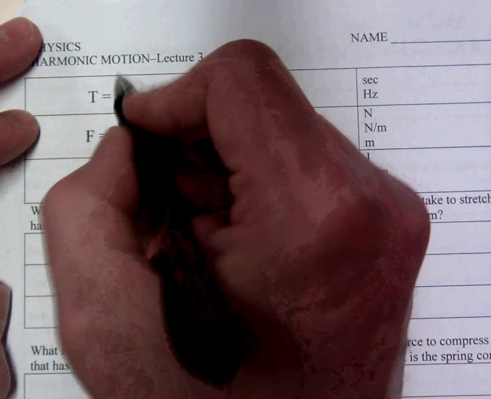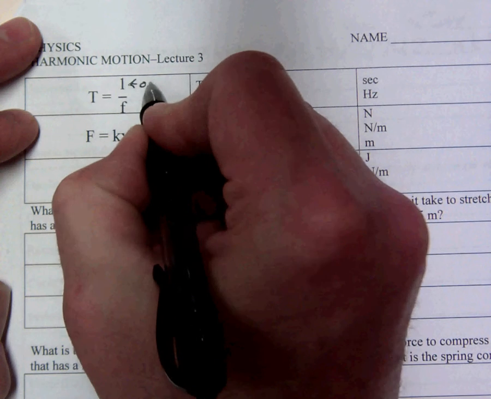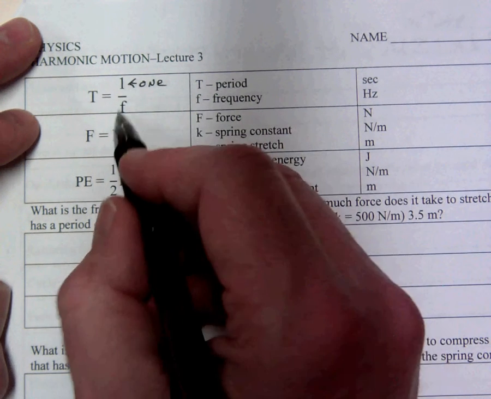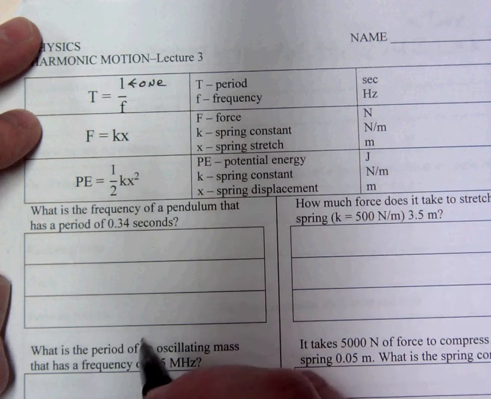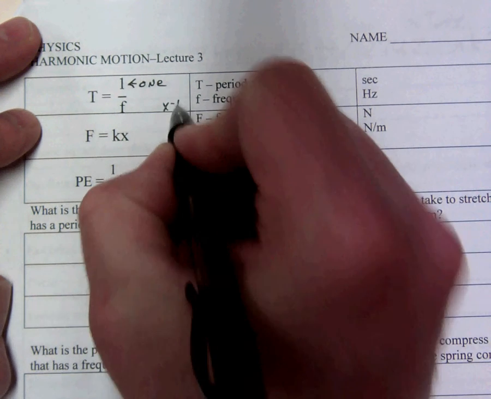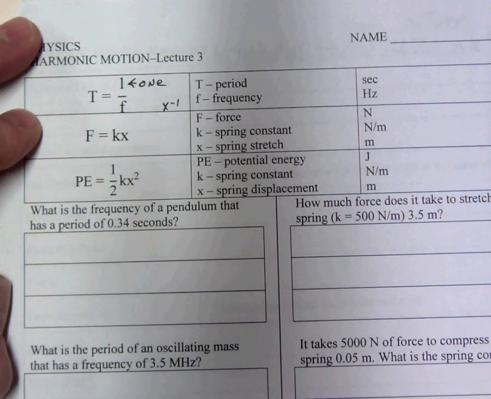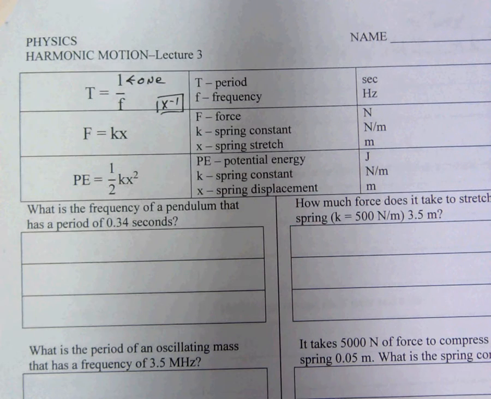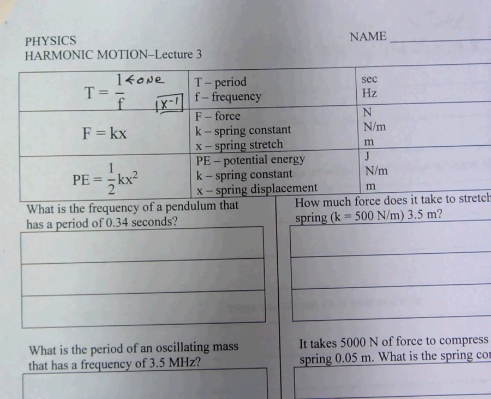So T is, now this is a 1, okay? Not an L, but a 1. And on your calculator, if you know how to use this button, it makes your calculation a little easier, and you can just hit that and say x to the minus 1.